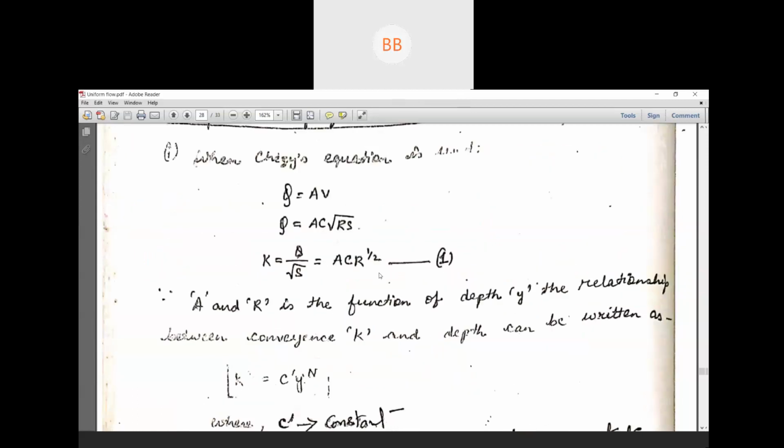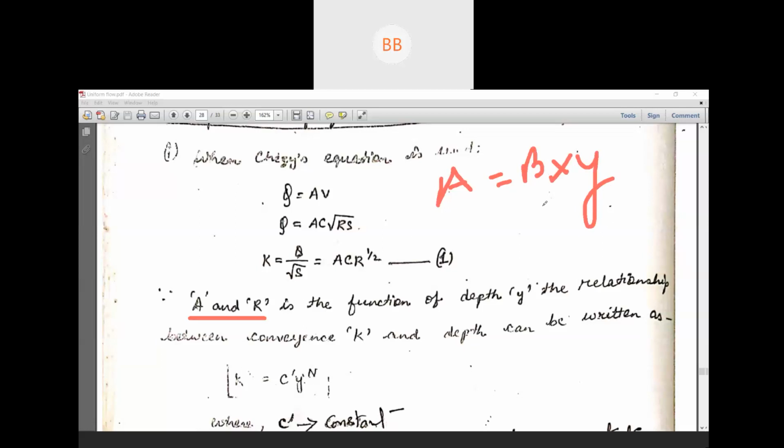After equation 1, you write down this line: A and R are functions of depth y. Definitely, whatever area equation you write, for suppose a rectangular channel, area equals width of the channel multiplied by y.